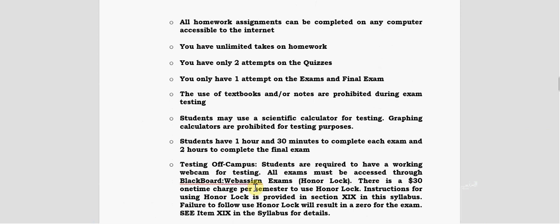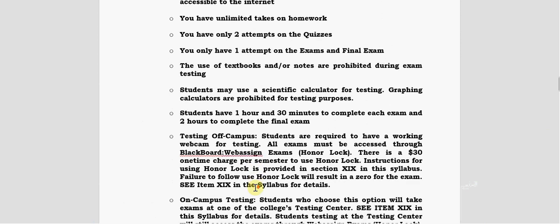All exams must be accessed through Blackboard. Webassign exams tab that will say Honor Lock. You must click there to take your exams. There's, like I said before, a $30 one-time charge per semester to use Honor Lock. If you're testing in the testing center, you don't have to pay for it.